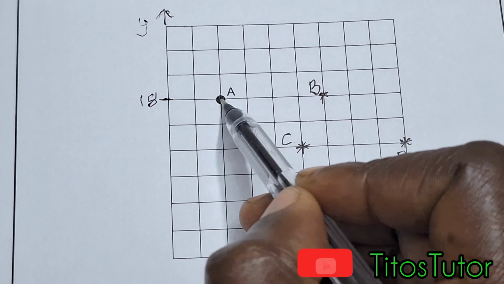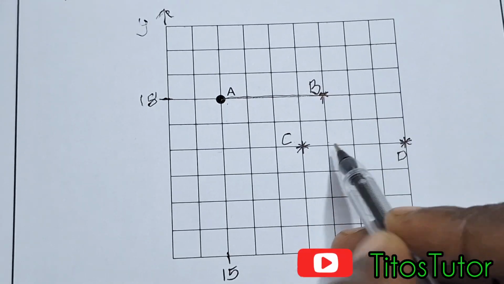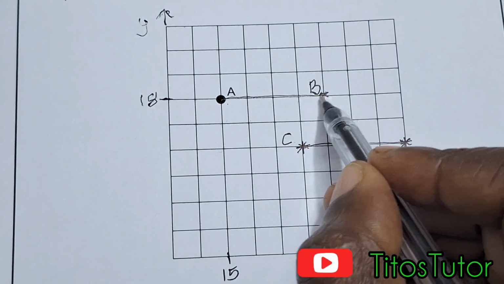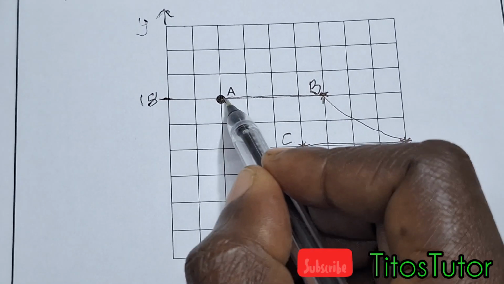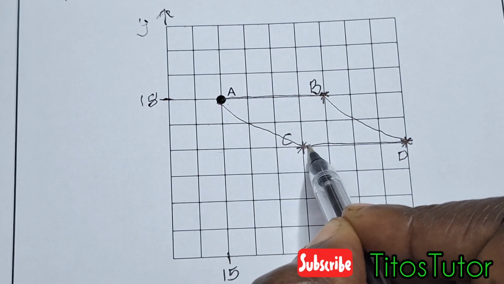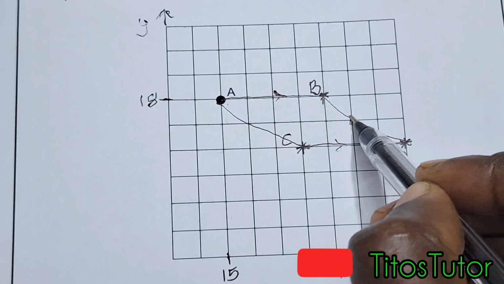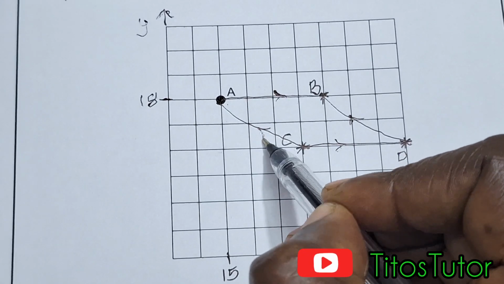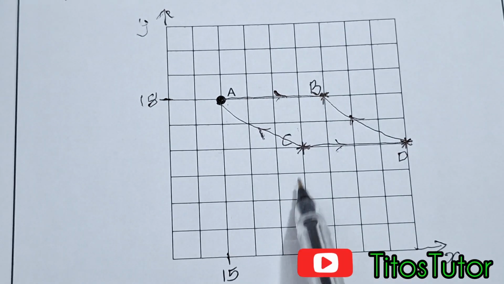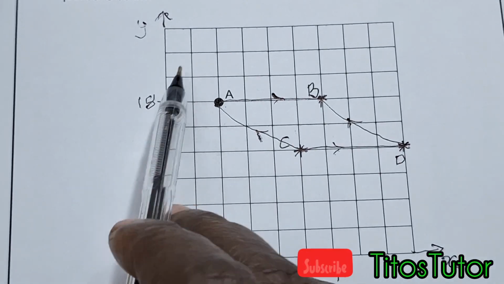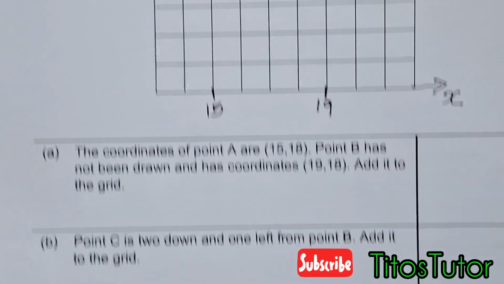So let's try joining it together. Connect this to this, connect this to this, and connect this to this. Not drawn to scale. So this is parallel, this is parallel, this is parallel, this is parallel. No line of symmetry at all. There isn't any line of symmetry.